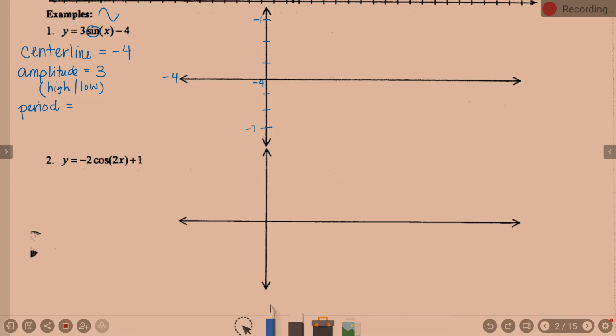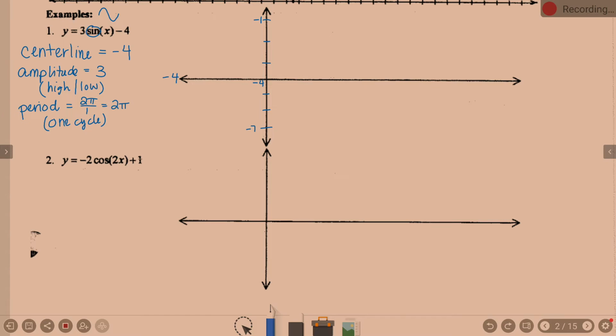It's the number in front of x. So 2 pi divided by 1, which is 2 pi. That is what one cycle is going to be. Put cycle in the definition of period. It's math. So that's going to be the length of one cycle of our graph.